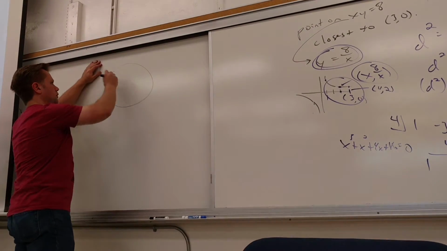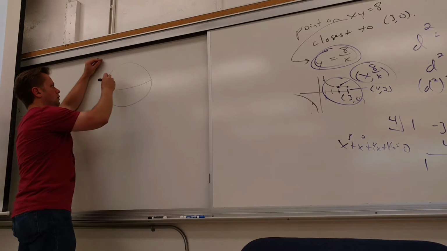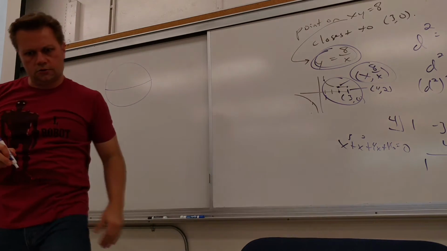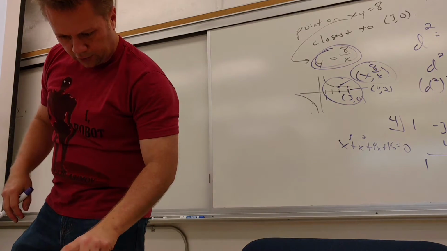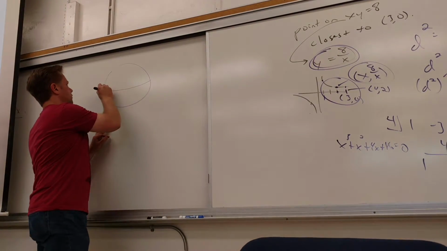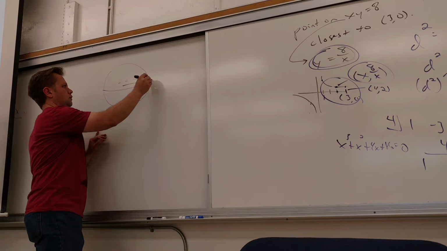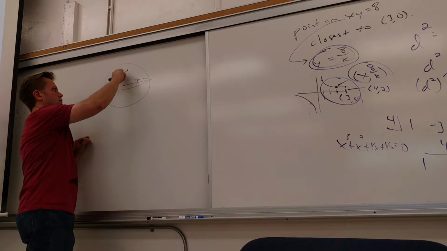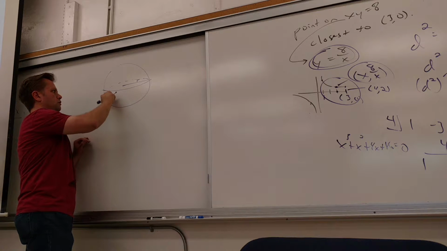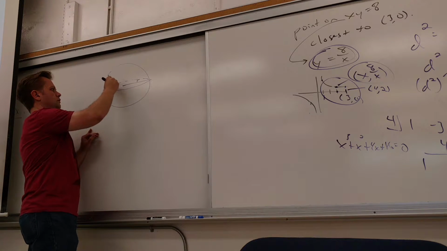So you got the sphere. The sphere has radius little r, and I want to inscribe some cone.